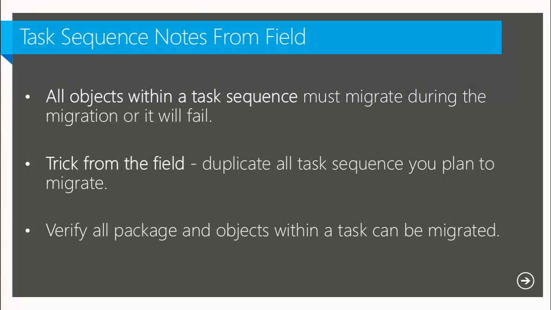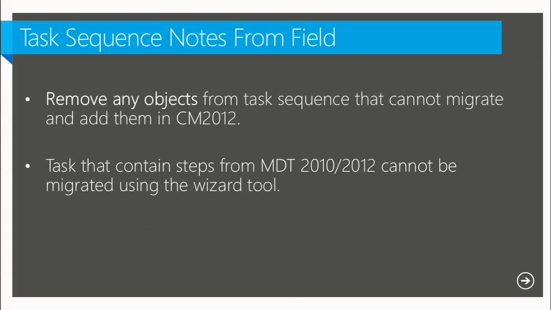Because if there's a dependency of that task sequence, so if you've got task sequences that are 50 lines long, and any of those things fail, then the whole task sequence fails. If somebody just took a sigh, right? I'm with you on that. Trust me, I've been there. No, I'm telling you, I am. And so remove any objects from the task sequence that cannot be migrated.